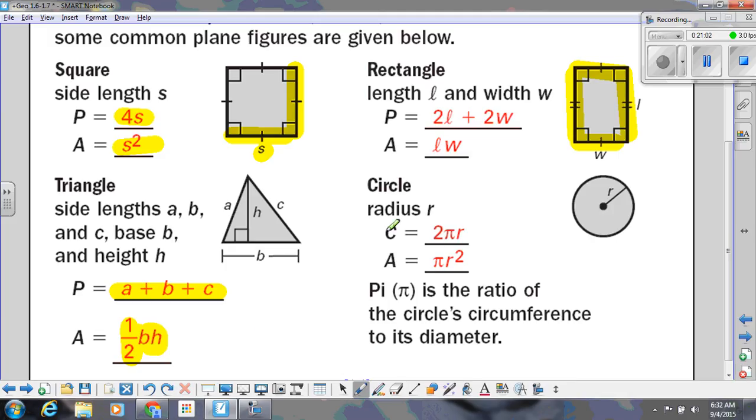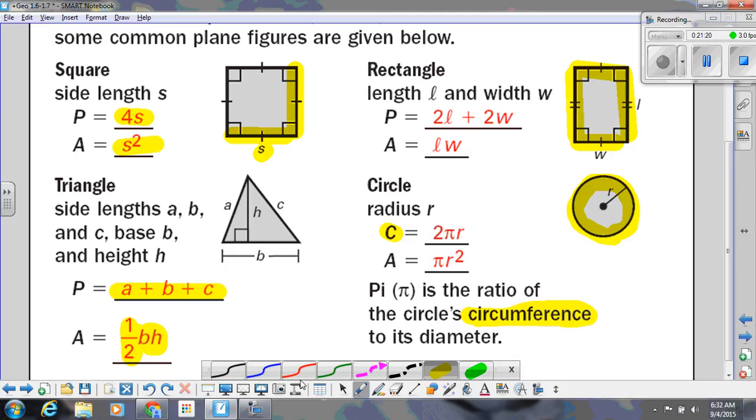Now the last one, circle. Remember that C stands for circumference. And remember, circumference is just another word for perimeter, but it's specifically for a circle. So that's the distance around the circle. And then in our formula, we have 2 pi r. And remember that the r stands for radius.